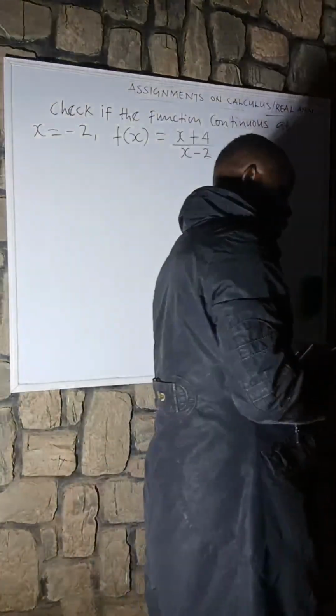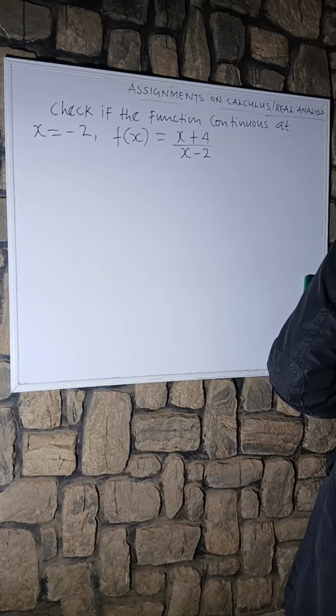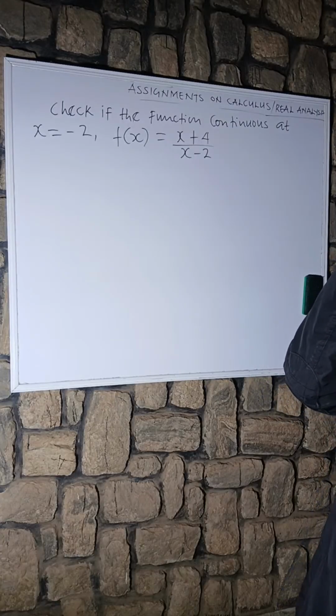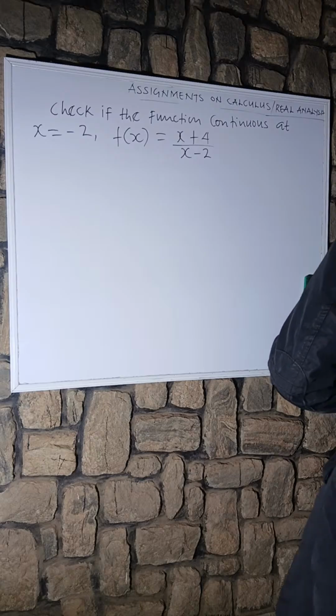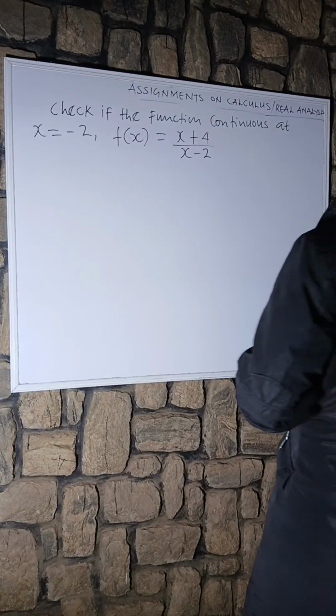Consider this, by the theory that polynomials are continuous and quotients of continuous functions are continuous where the denominator is non-zero. Is that clear?